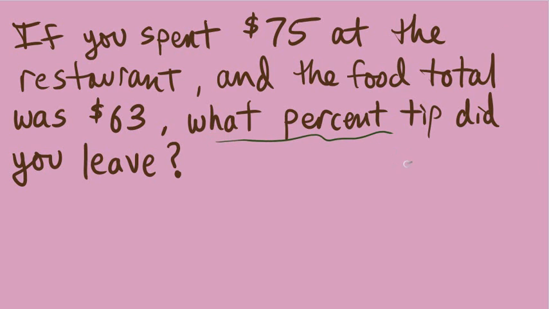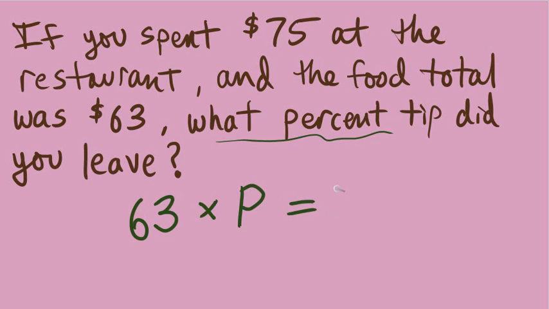Do we know the reference value, our starting amount, or what we take the percent of? And it's going to be the food total that we take the percent of. So 63 is our reference value. That gets multiplied by the percent, and this time it's the percent that's unknown. So I'm going to use the variable p.